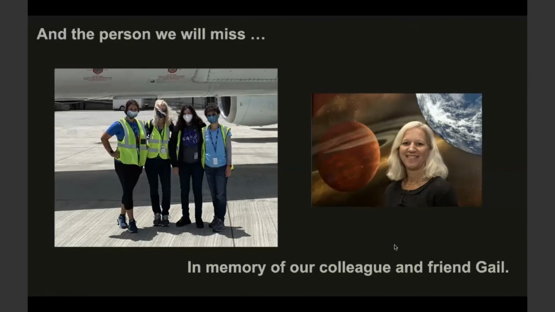Ultimately, this particular field campaign, Ed and I probably agree, is one of the most difficult ones for both of us, even though Ed has done the most field campaigns in our field, and I don't have as many, but at least this is my 11th one. I led more than half of those in the past, but in this particular one we lost our dear friend, our NASA program manager, Gil Jackson.